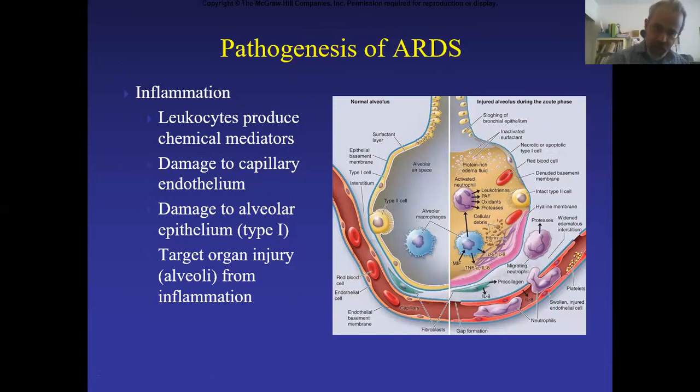Well, this is not an autoimmune condition, but basically what happens is once you have this bacteria that enters the system, this causes an inflammation, and that inflammation activates all these white blood cells, which start producing chemical mediators, which certainly can kill bacteria, but they also start a whole cascade of events, even clot formation.